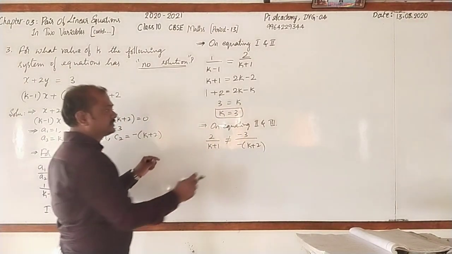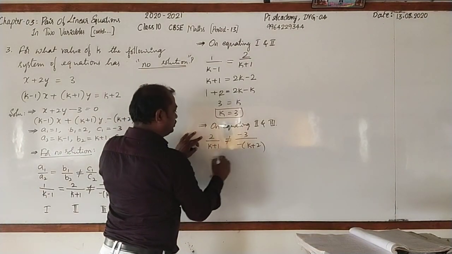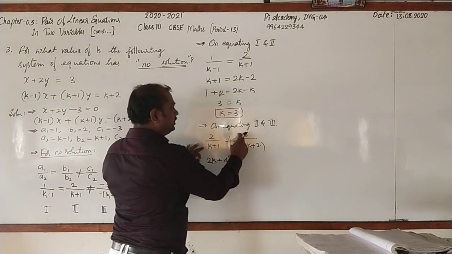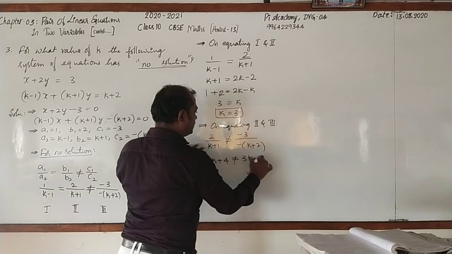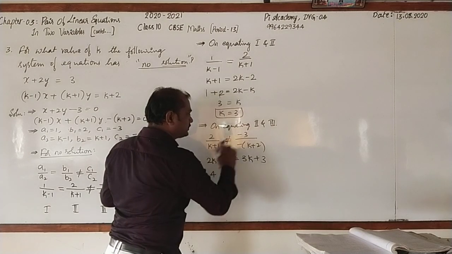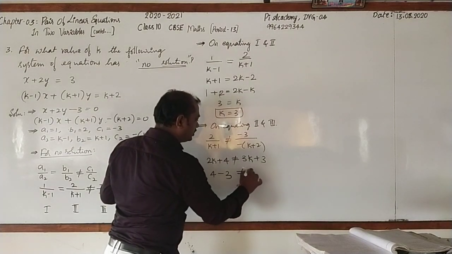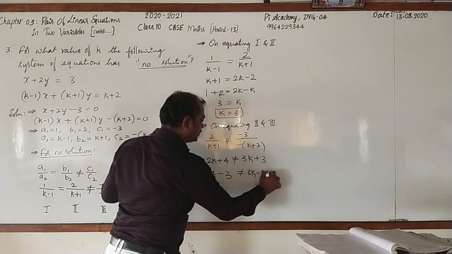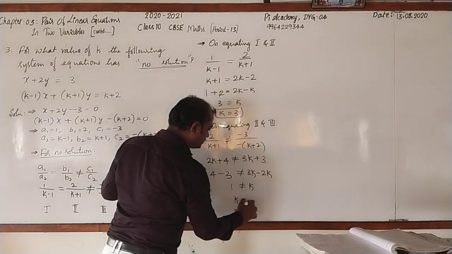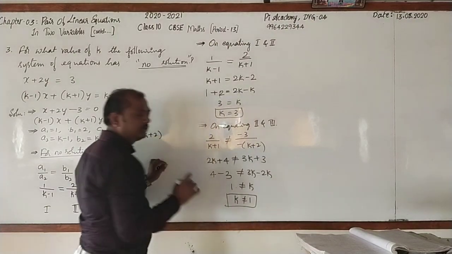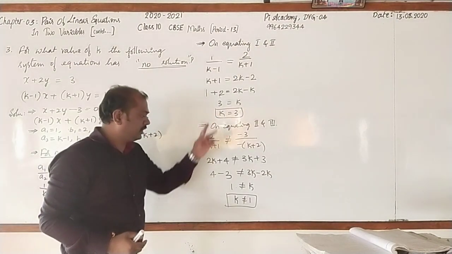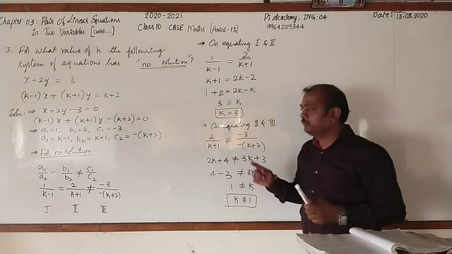Their minus and minus get cancelled and you will go for cross multiply. 2 into k, 2k, 2 2s are 4, which is not equal to, here 3 into k, 3k plus 3 1s are 3. Next, 4, transfer 3 to the left hand side. 4 minus 3 not equal to 3k minus 2k. Then 4 minus 3 is 1 is not equal to k. K is not equal to 1. That means the given system of equations has no solution if k equal to 3 and k is not equal to 1. We have one more possibility.